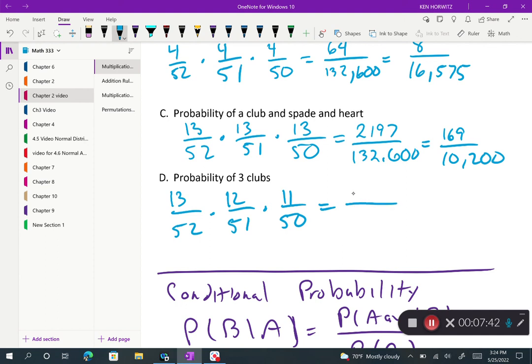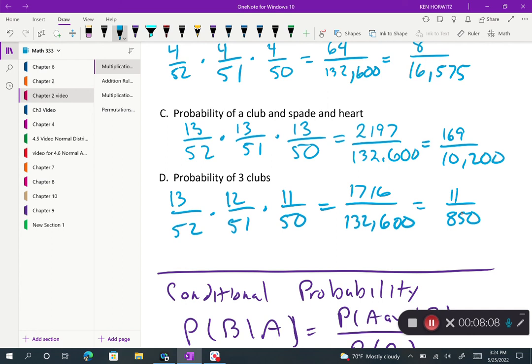So again, the bottom is going to be the same, 132,600 as the last two. The numerator I got to be 1,716, and that simplifies to 11 over 850.